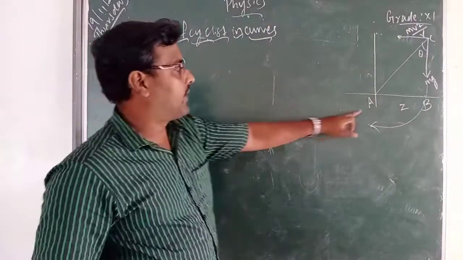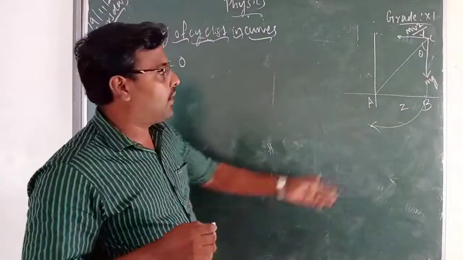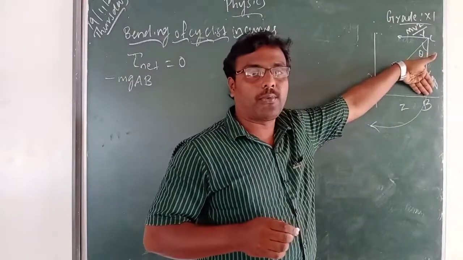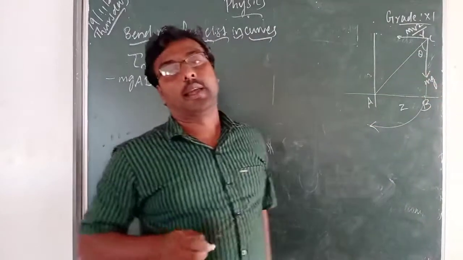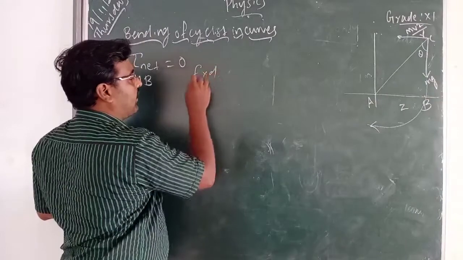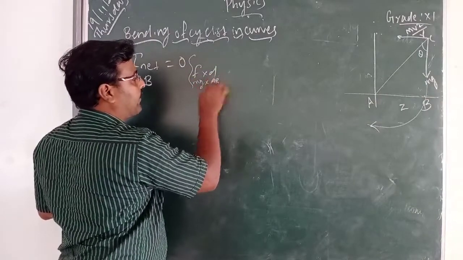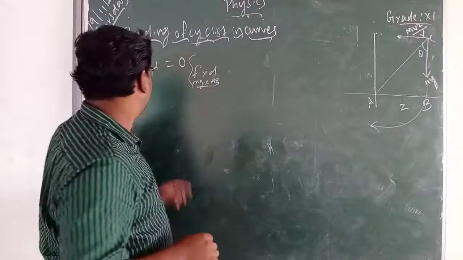The torque formula you know is F into d. Here mg is the force and the distance is AB. That is what we are taking.